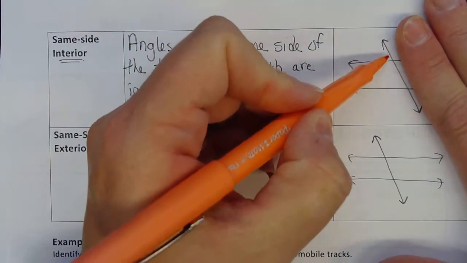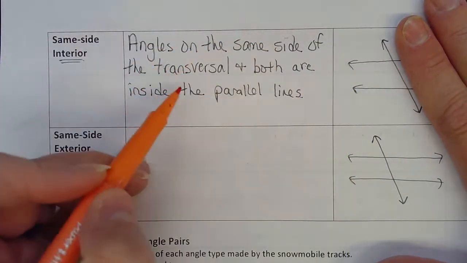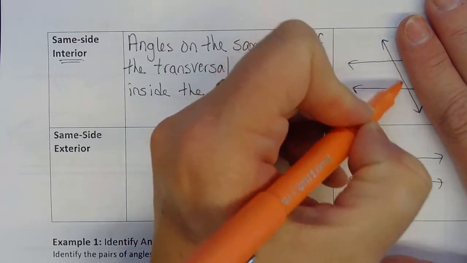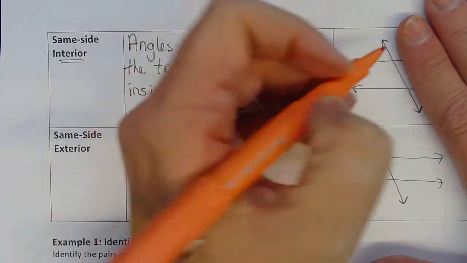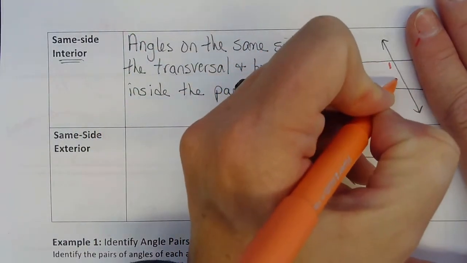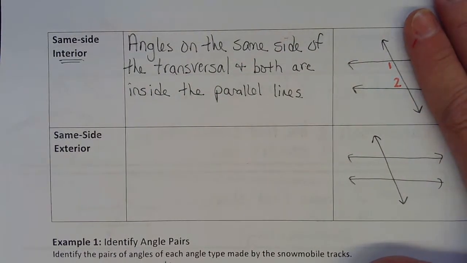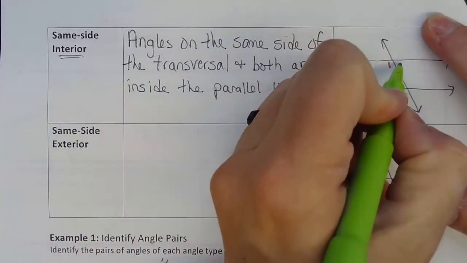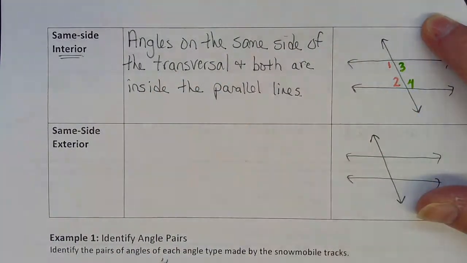On the left side, I have 1, 2, 3, 4 angles, but they both have to be inside the parallel lines. There's only two angles inside the parallel lines on the left-hand side. So this would be one pair of your same side interiors. And obviously on the other side, if they're both on the right side, there's another pair.